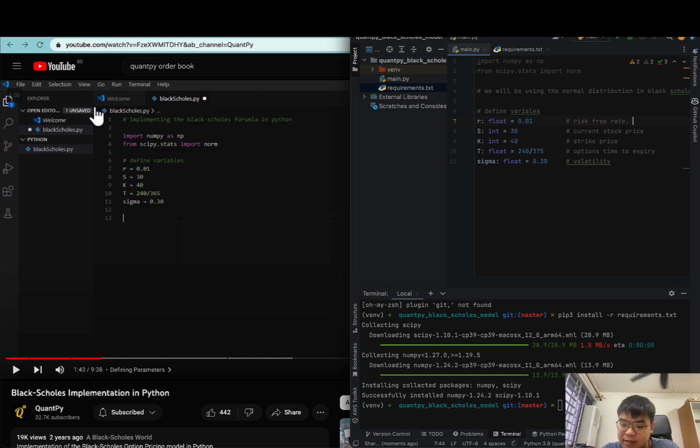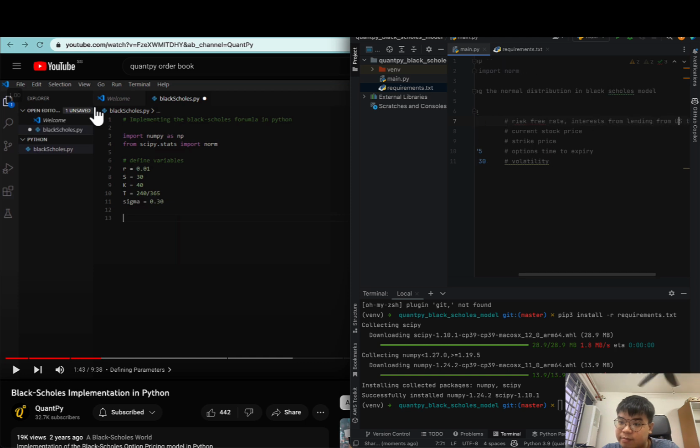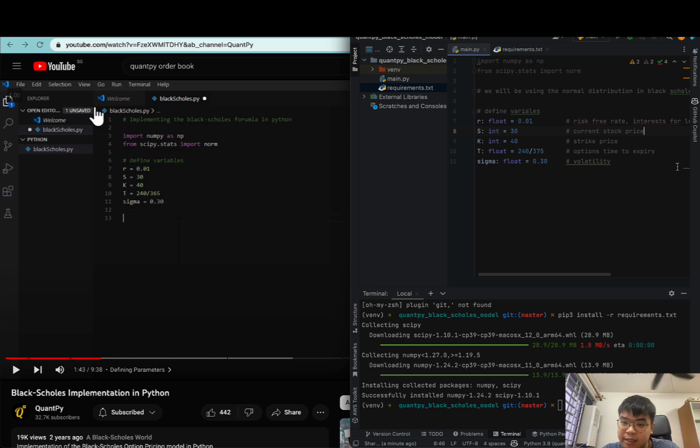So the interest rate is like borrowing from, sorry, I mean lending money to US Treasury, I guess. This is the current stock price, and this is in US dollars, I guess.